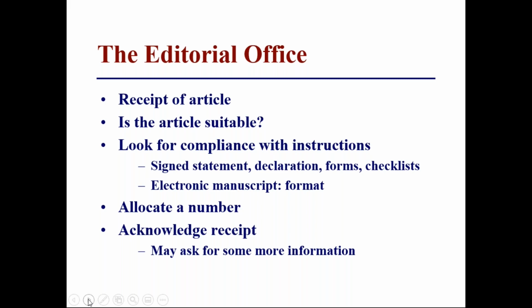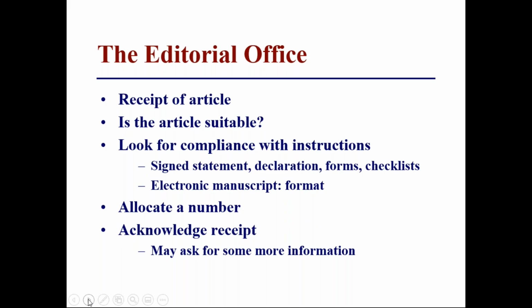If they find the article is suitable for that particular journal, they would look for compliance with instructions. Are the signed statements there? Are the declarations there? Are the forms there? Are all the checklists there? And is the electronic manuscript formatted in the way they wish it to be formatted?